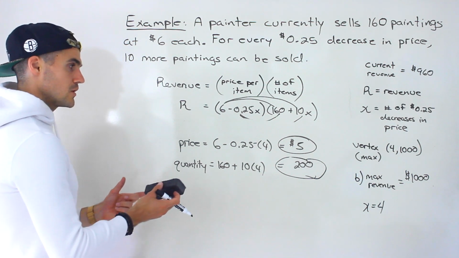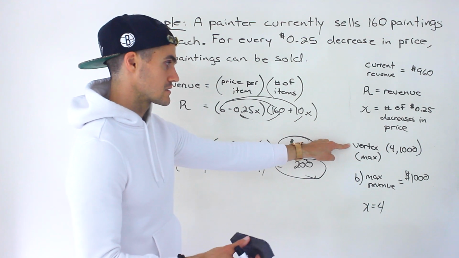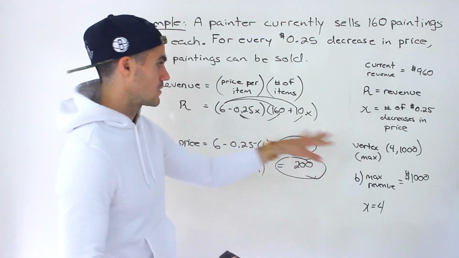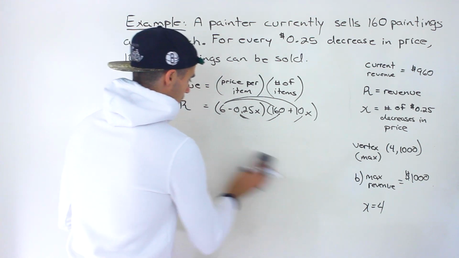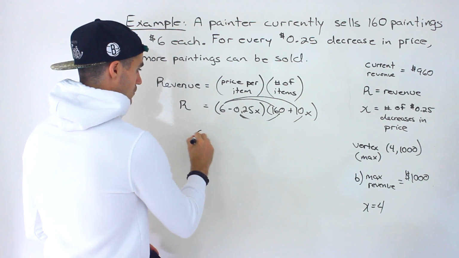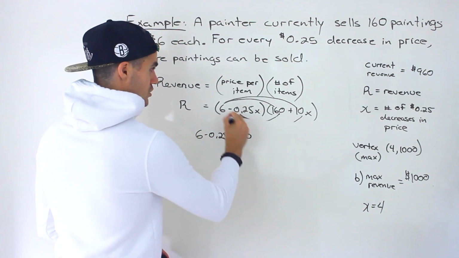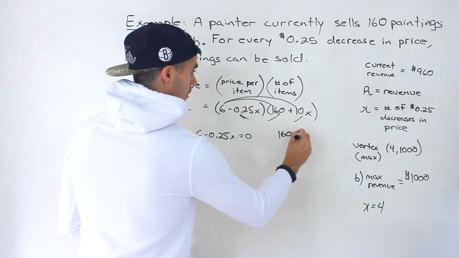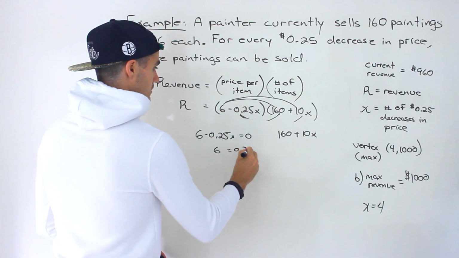Now, what if we were finding this vertex and we didn't complete the square, we wanted to do it the way that we did it before, meaning that we find the intercepts from here. How do we find the intercepts? Well, we find out what x values would make each of these brackets 0. And so here we'd have 6 equals 0.25x.